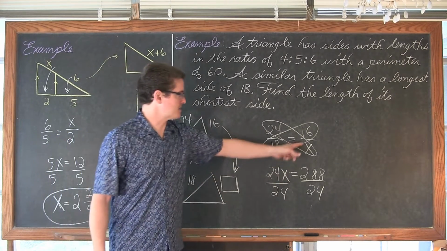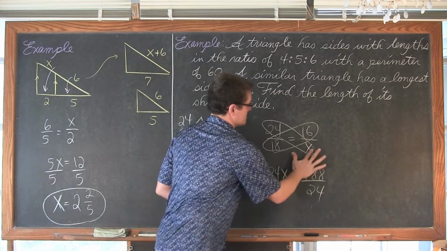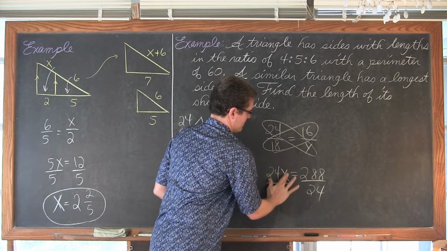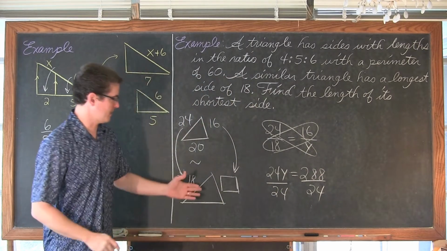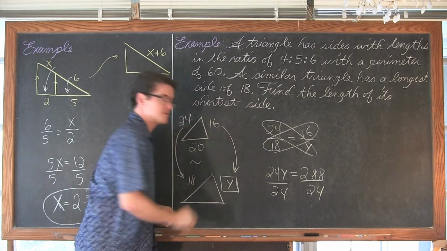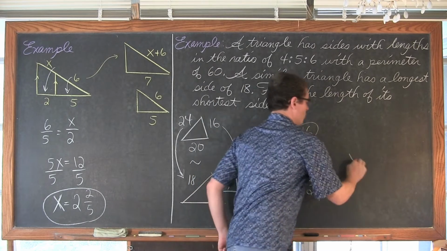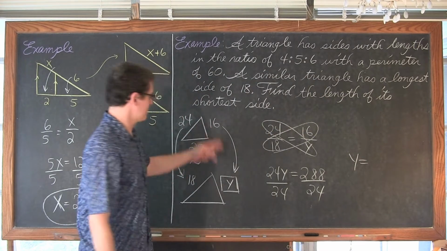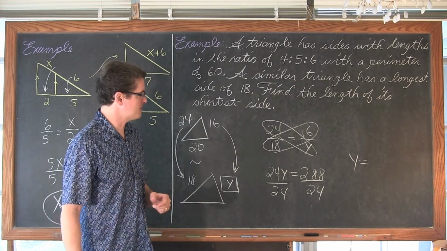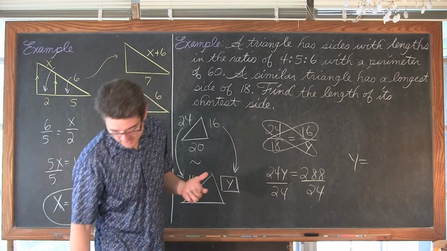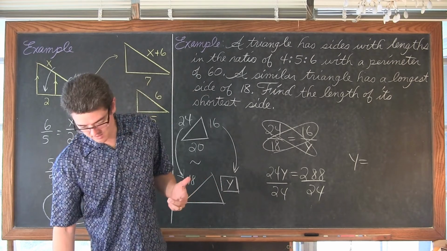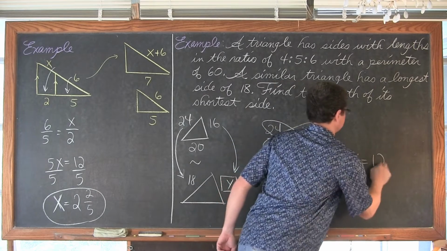So hopefully you realize that this x is like another x. That's bothering me a little bit. Let's call that y, so it relates to the other triangle. And we're going to solve that for y. Divide both sides by 24, and we get y, which is the shortest length of this other similar triangle, is equal to, let's see here, 288 divided by 24 is equal to 12.